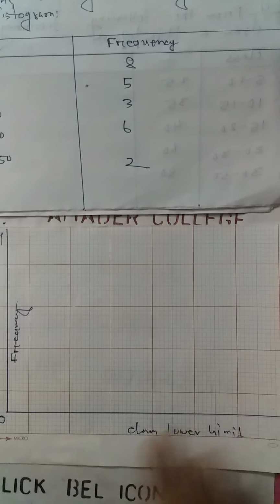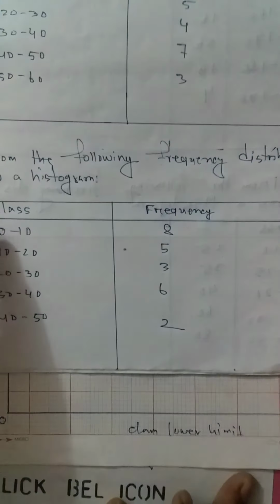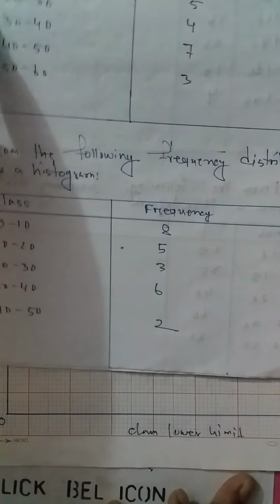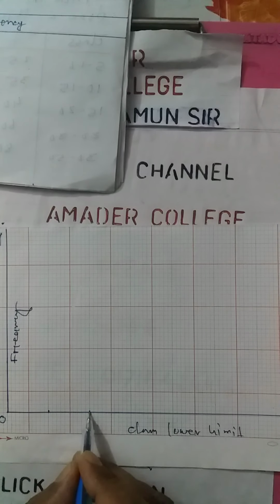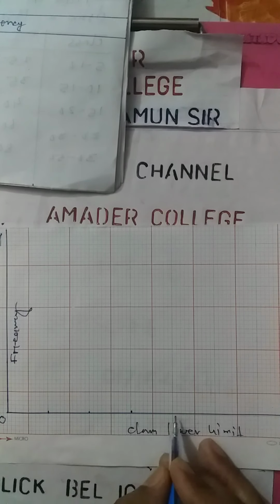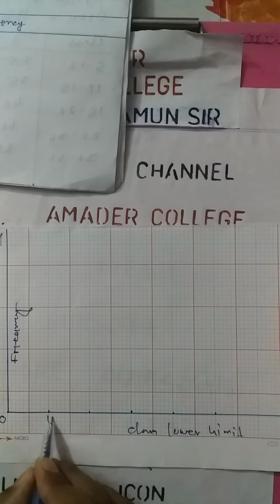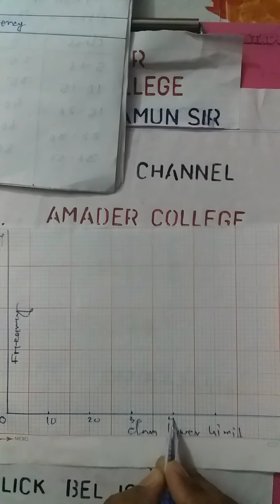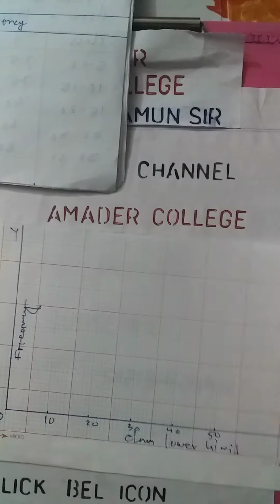Then put the lower limits: 1, 2, 3, 4, 5, which are 10, 20, 30, 40 and 50.